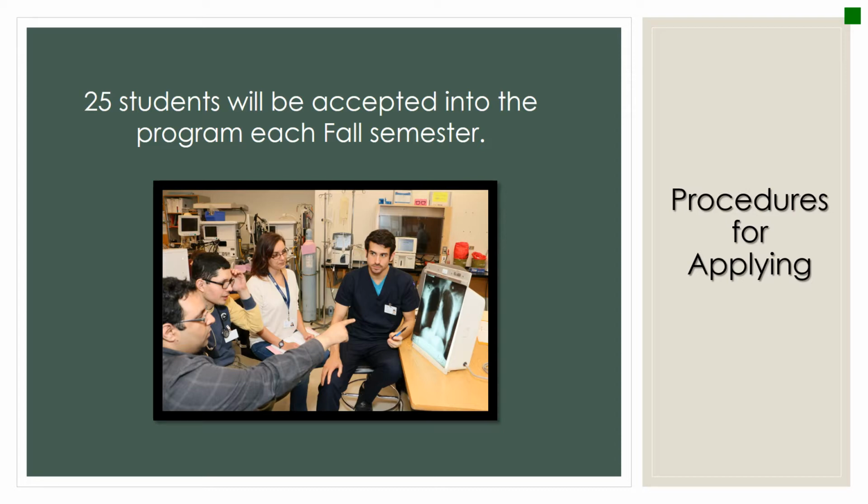GPAs will be ranked, and your math score will be ranked. If a math course of 151/154 or higher is on your transcript, this will be ranked for points for admission. Then if the general education courses are already completed, those will also be given 2 points each towards admission.